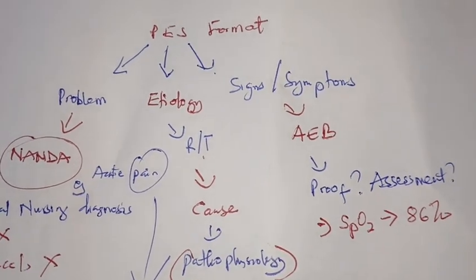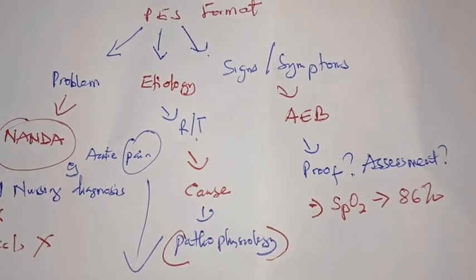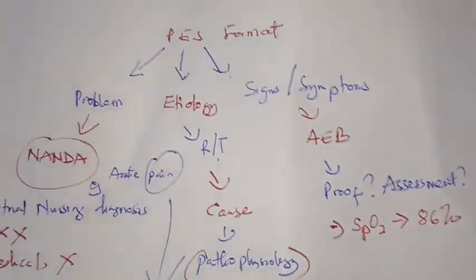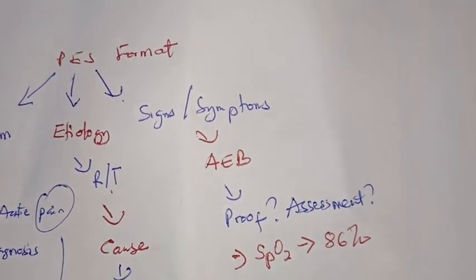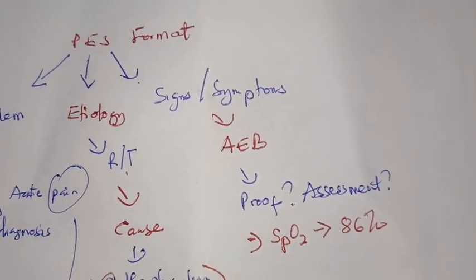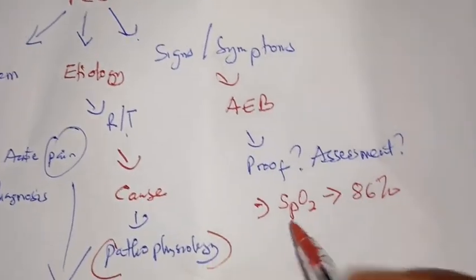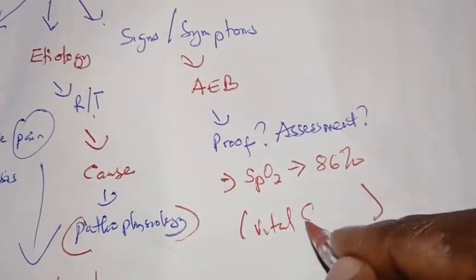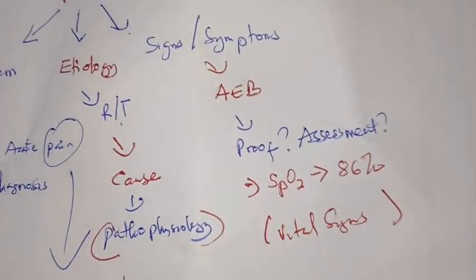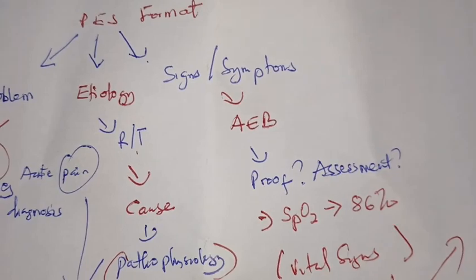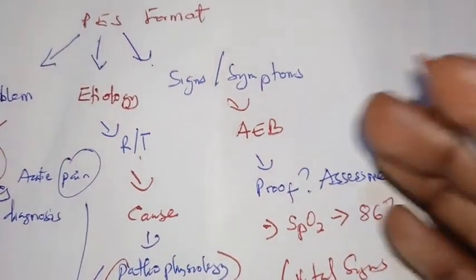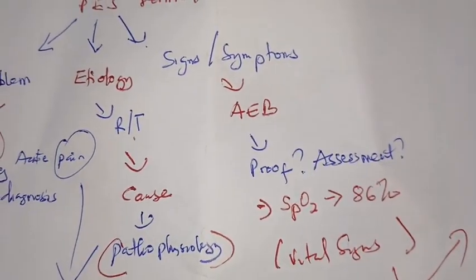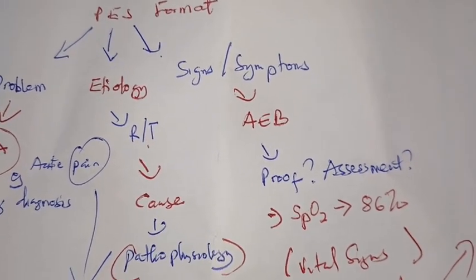Then finally, you give us an evidence. So as evidenced by, and the evidence part is your assessment, either subjective or objective. Here, what you can do as a nurse is check your vital signs very well, so that it helps you in finding proofs and help with your assessment, so that you can give evidence.